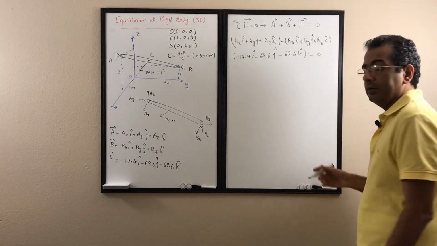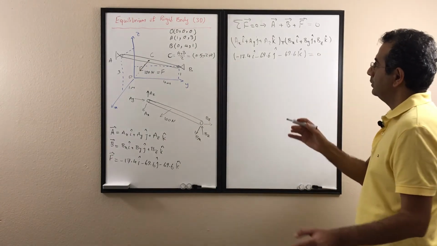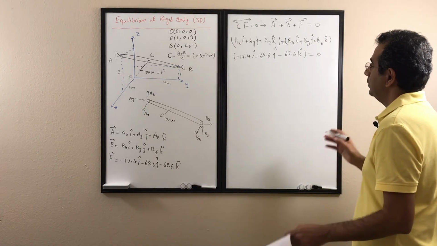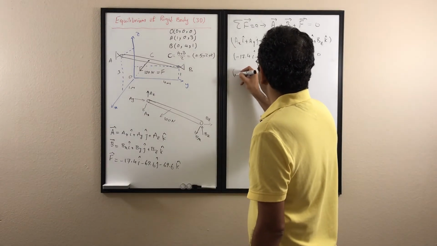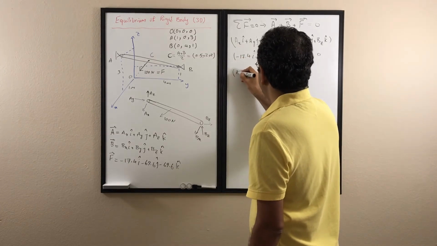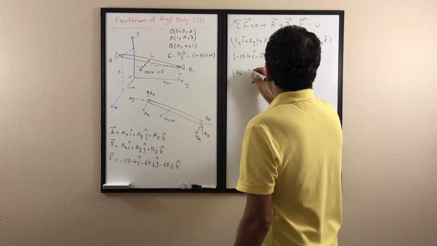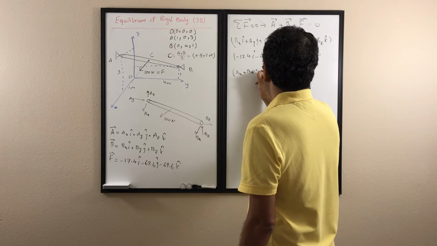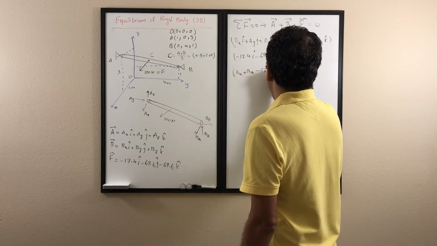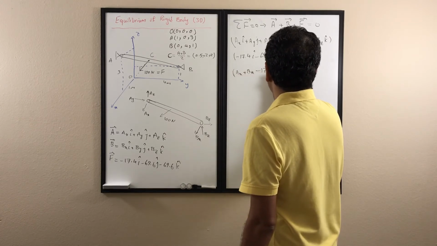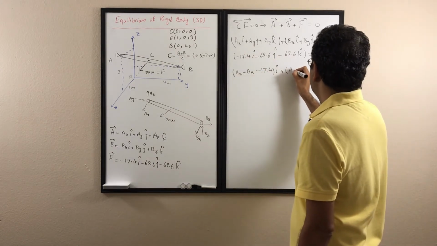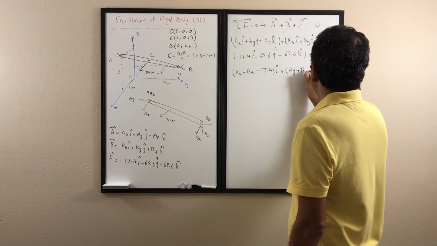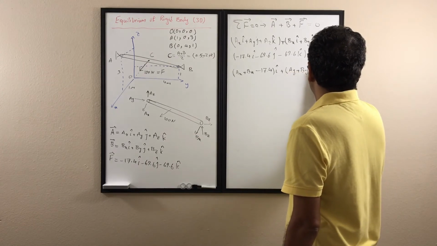Now I'm going to write all the I components together, all the J components together, and all the K components together. So first all the I components: it's going to be Ax, then I have Bx, and then I have negative 17.4. That's I. Then I will write all the J components together: Ay plus By minus 69.6.